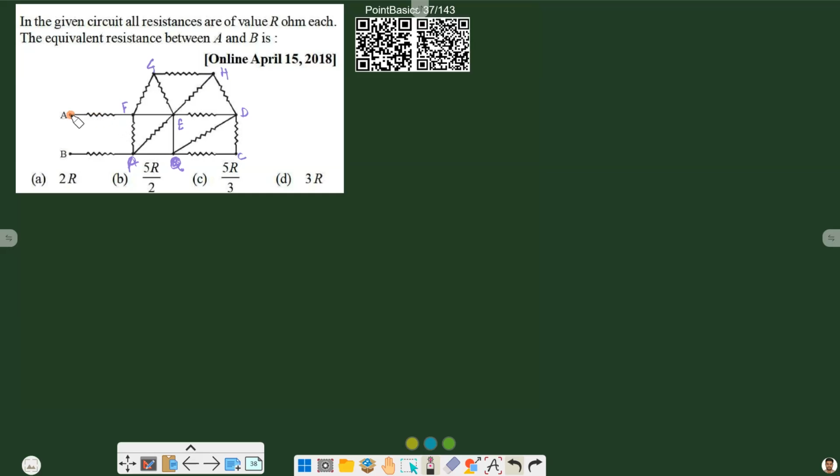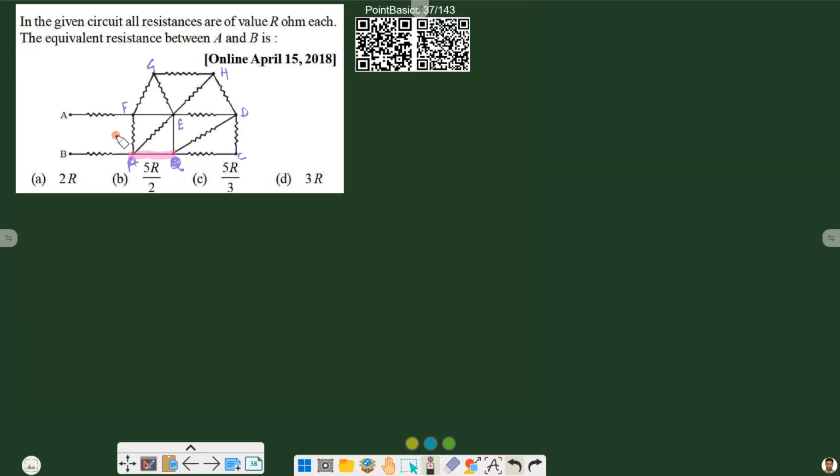So let's start from point A. From A to F, there is no other path other than passing through this resistance. But from the point F, we have a straight path. There is no resistance from F to E, again E to Q there is no resistance, and again Q to P, there is no resistance.